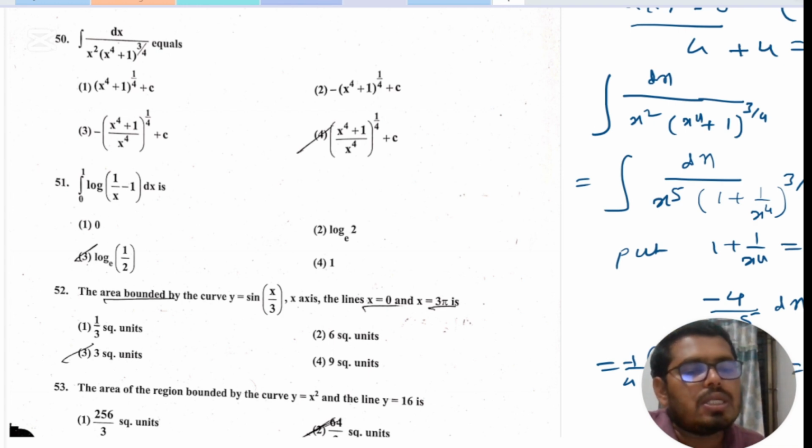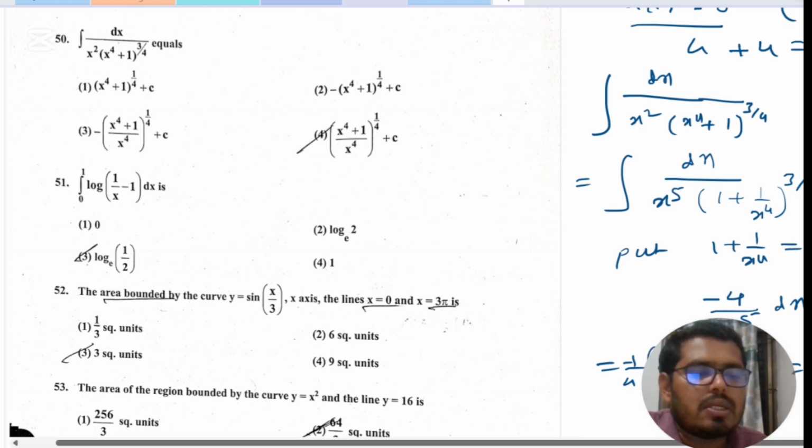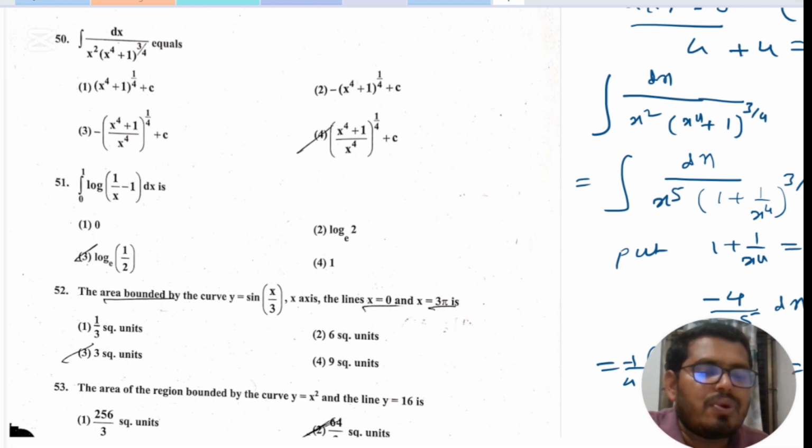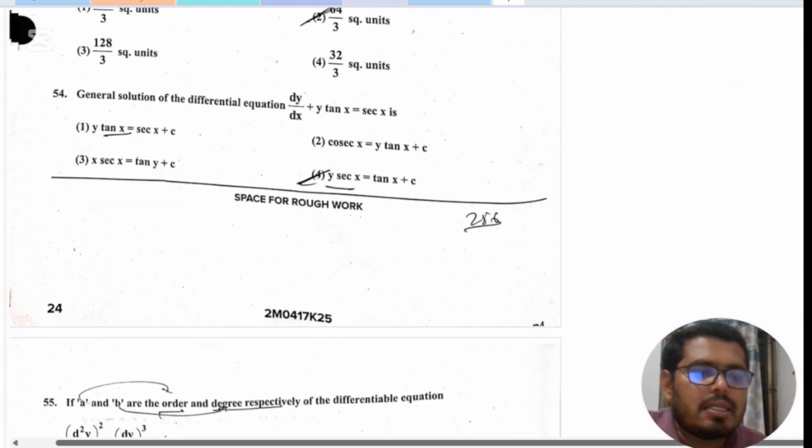Then t raised to minus 3 by 4 plus 1 is 1 by 4, t raised to 1 by 4 divided by 1 by 4, 1 by 4 and 1 by 4 get cancelled here, then minus is left. Therefore plus c is there, minus, what is t, t is 1 plus 1 by x raised to 4, it is equal to x raised to 4 plus 1 divided by x raised to 4 plus c, that is the answer.